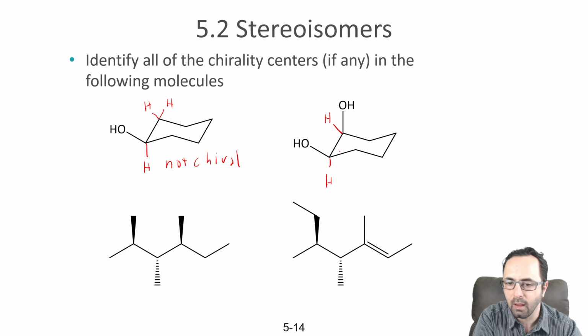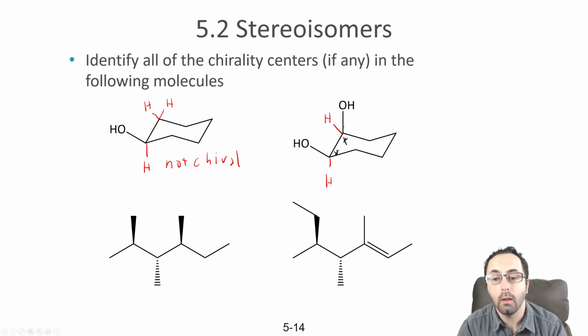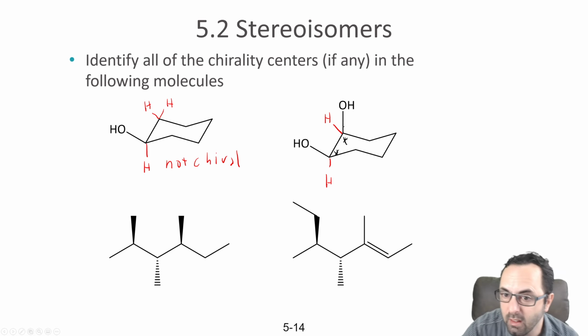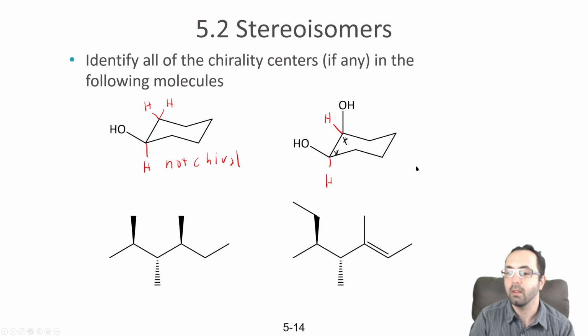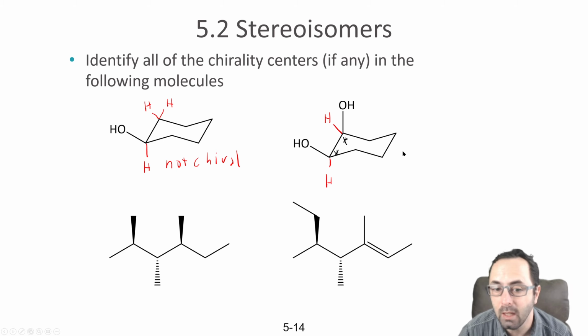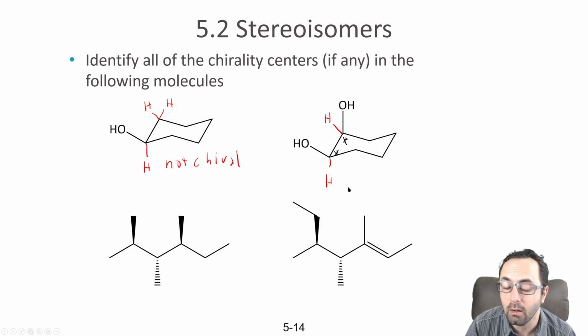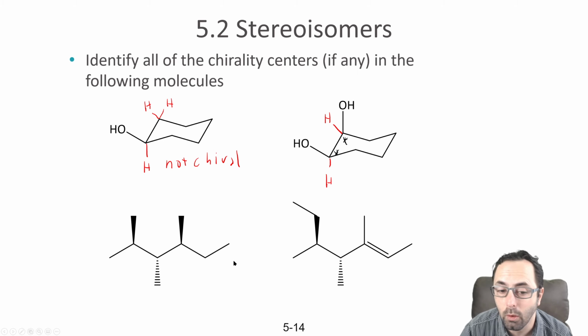Now I will say that, to determine if the entire molecule is chiral, it is possible to have chiral centers but an achiral molecule, if there is a plane of symmetry somewhere in the molecule, and there would be here. This is what we will refer to as a meso compound. So there are chiral centers. I've indicated them here, but it's going to turn out that the molecule as a whole will not be chiral, for reasons that we'll discuss later.